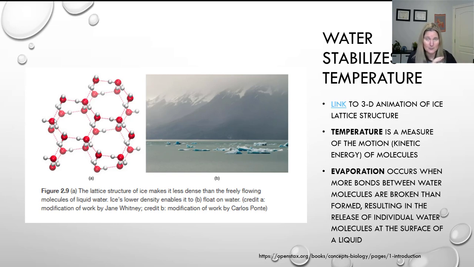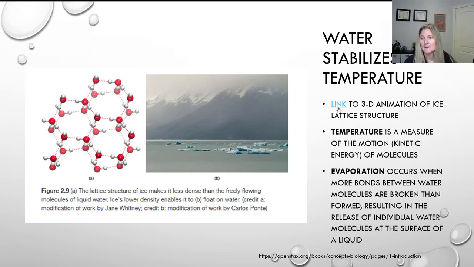So they're constantly breaking and reforming these hydrogen bonds. In the liquid state, the water molecules will be closer together because they'll be constantly forming and reforming hydrogen bonds with nearby water molecules. But once those water molecules start to slow because the temperature slows, then you end up with that crystalline structure where they're as far apart as possible.